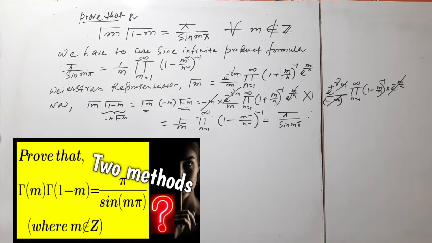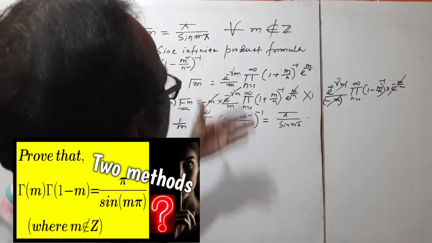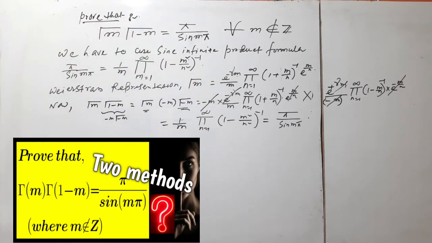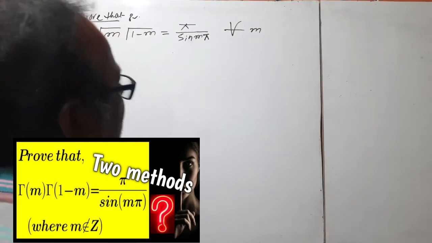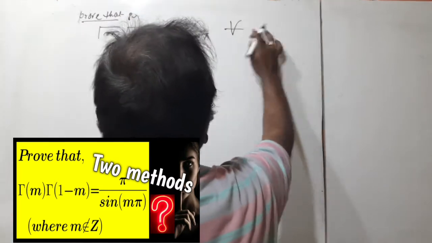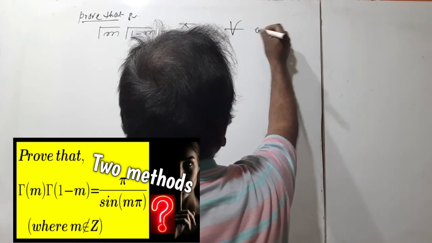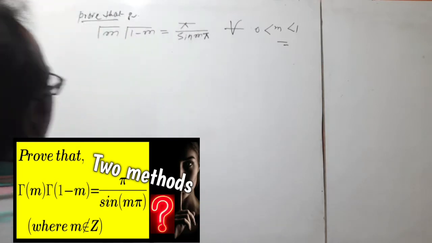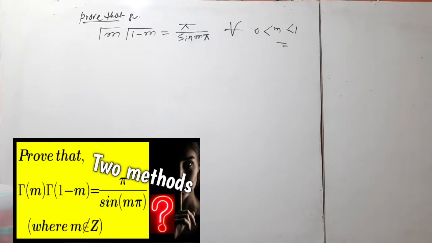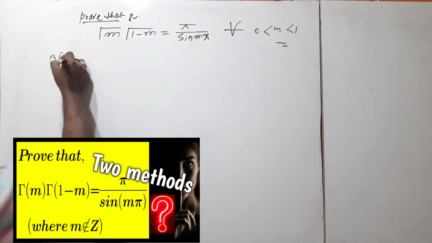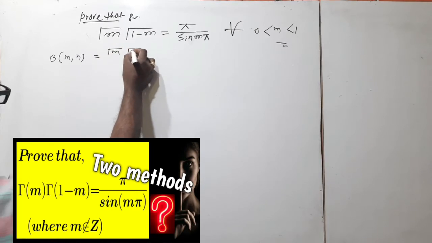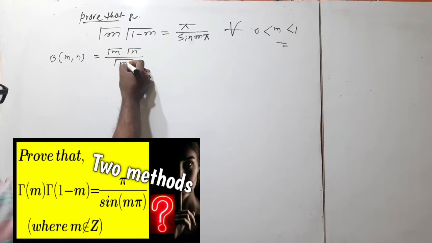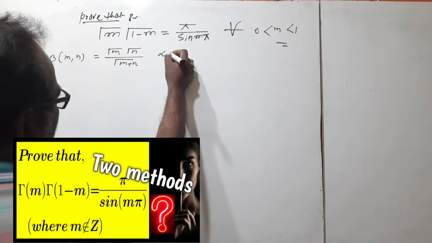Now I'm using another formula to prove this problem. See carefully, where m belongs to 0 to 1. We know the beta function of m comma n is equal to gamma m gamma n over gamma m plus n.